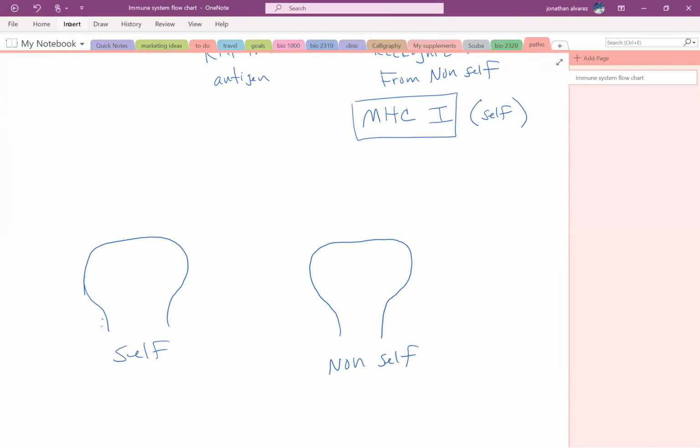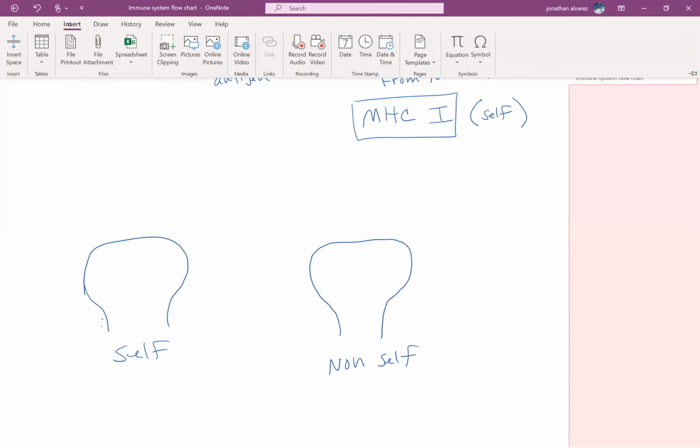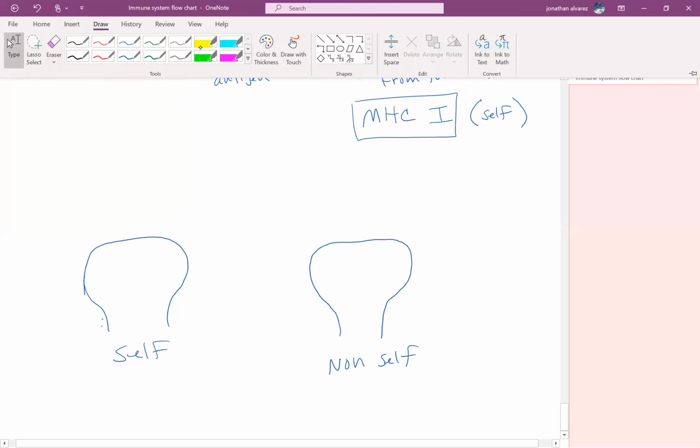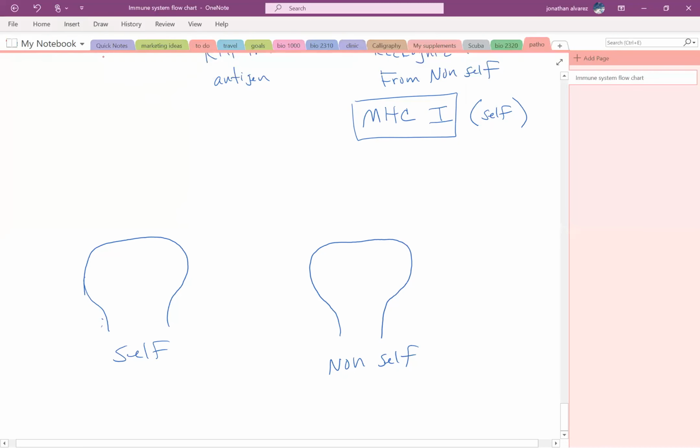Okay. All right, so the natural killer cell is going to come in, and it has these receptors. Okay. And one is the activating receptor, and one is the inhibitory receptor.